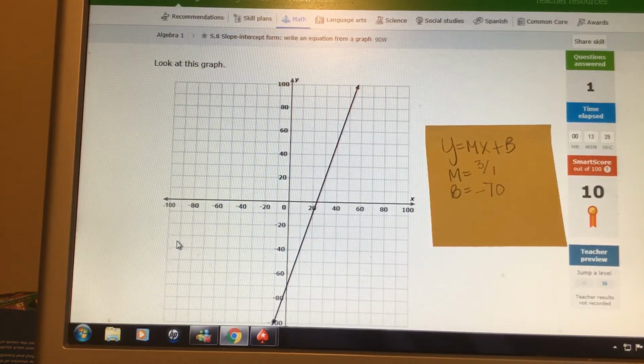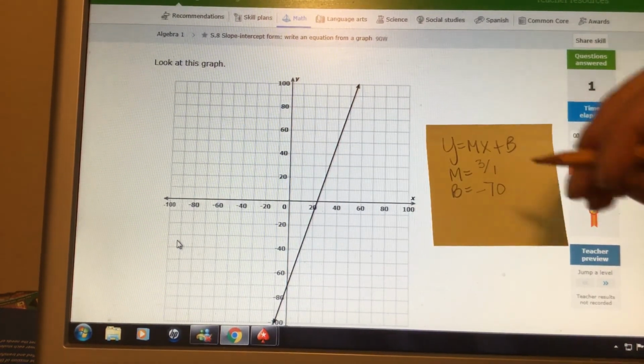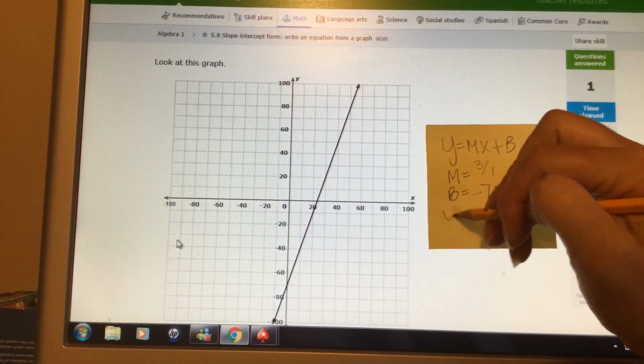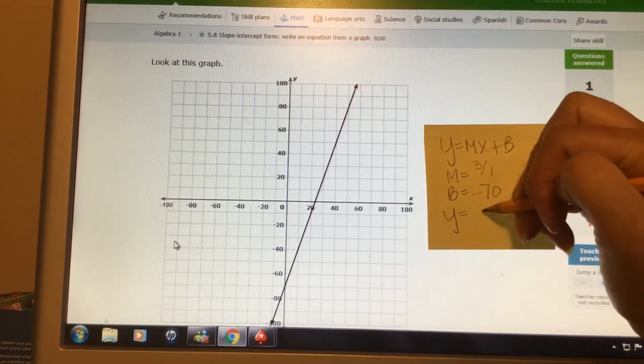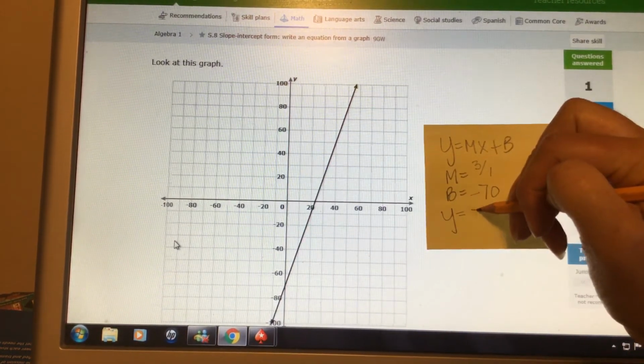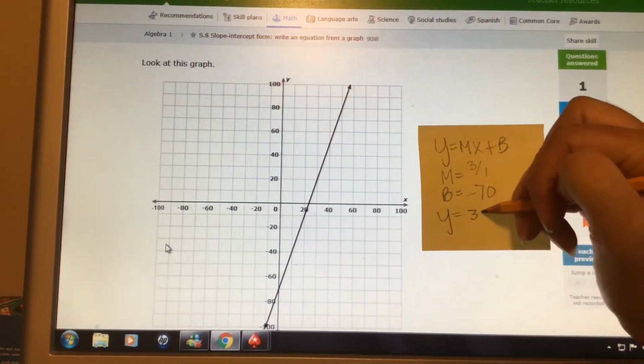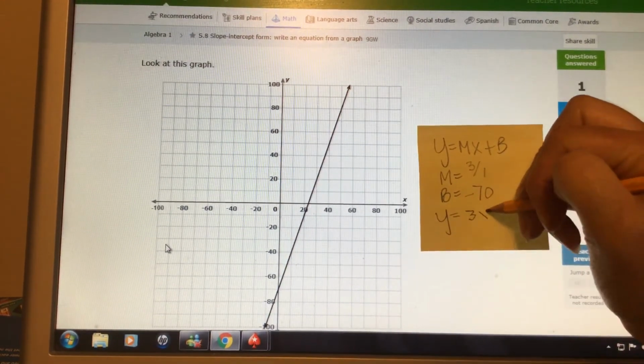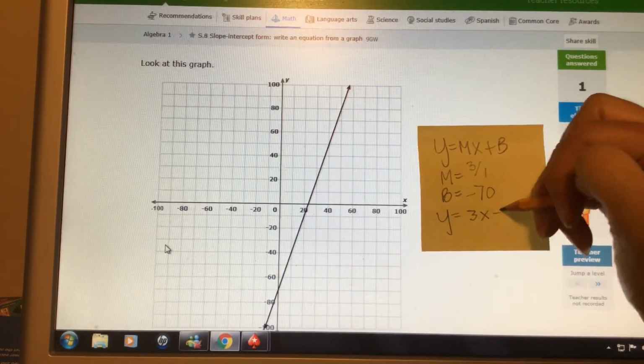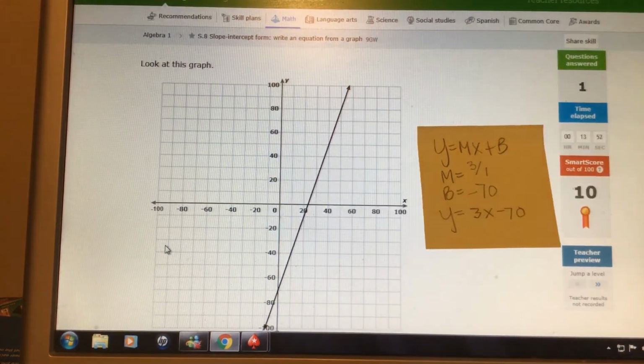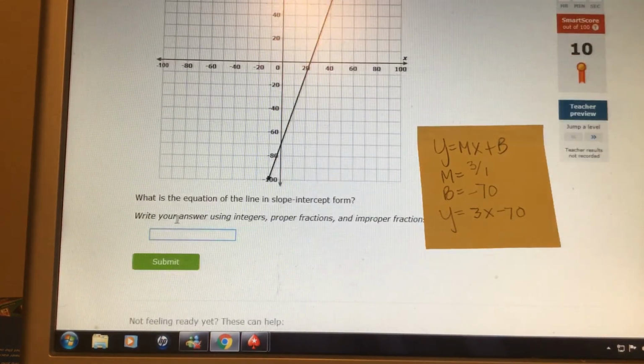Now that I have my m and my b, I can write my equation, and it should be y equals positive 3 over 1x. I'm just going to say 3x. We don't need the 1, minus 70. Okay, so now I'm going to enter that in on my IXL.